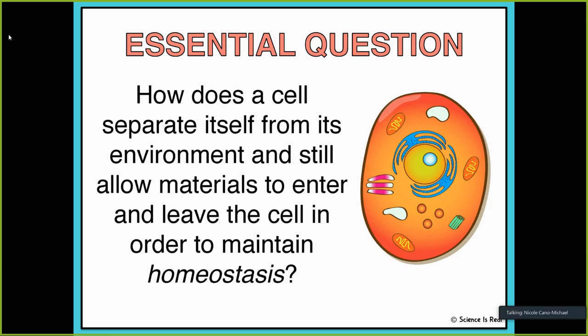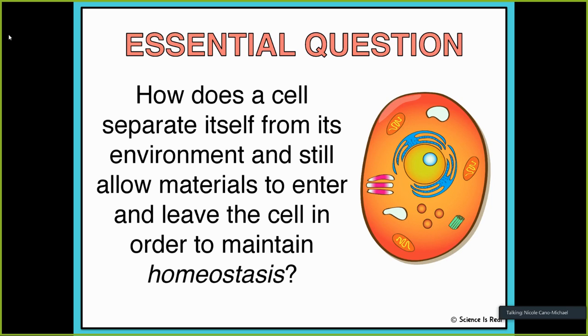Let's remember that homeostasis is also one of the characteristics of all living things, where we are able to maintain a balanced or constant internal environment, an internal environment which is in equilibrium. How do we do so is the question that we are trying to answer today.